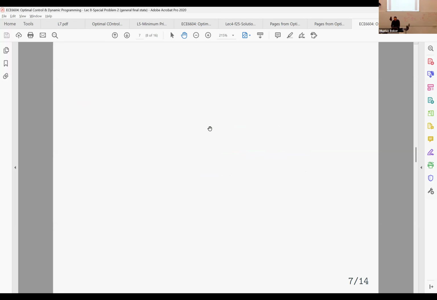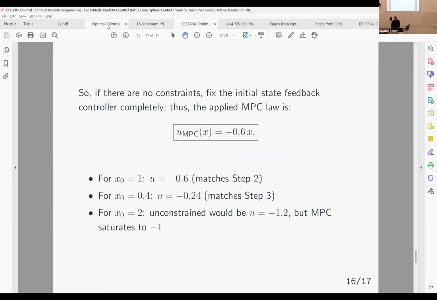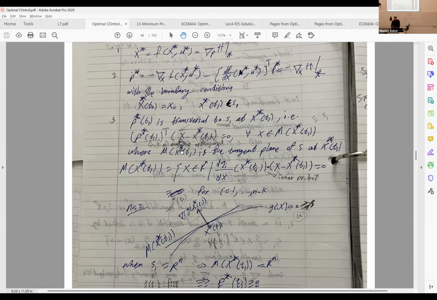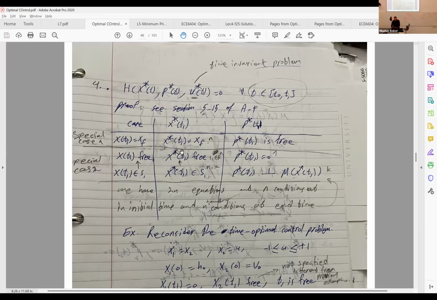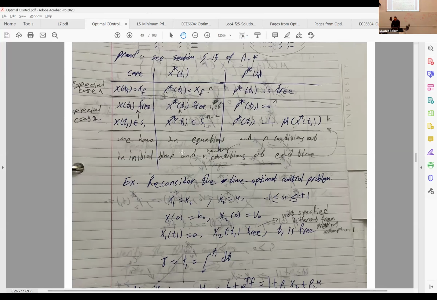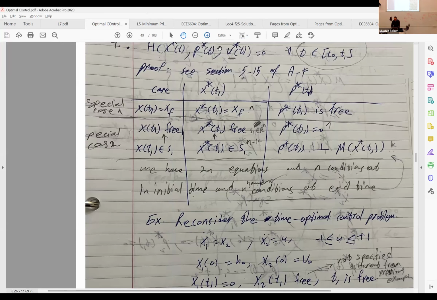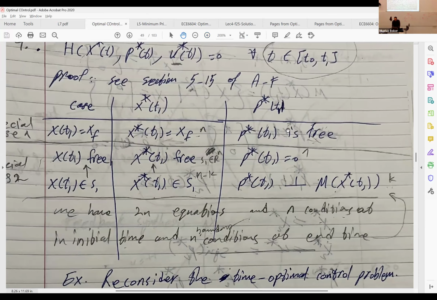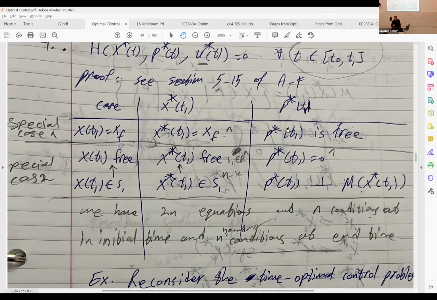So we go back here for a second. Before I go to the example, we consider two special cases, special case number 1 and special case number 2.